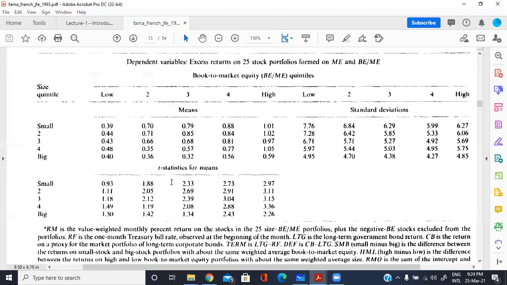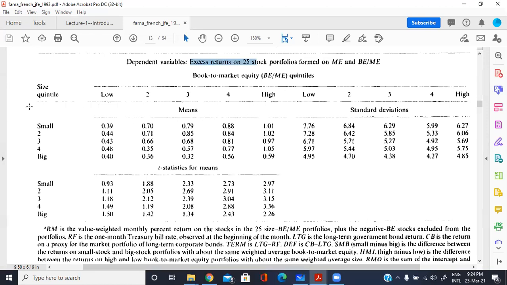You see what they have done? They have grouped the companies into how many groups? 5, from small to big. And they have observed the mean excess return. How many portfolios they have formed? 25. I will explain what has been presented in the horizontal later.